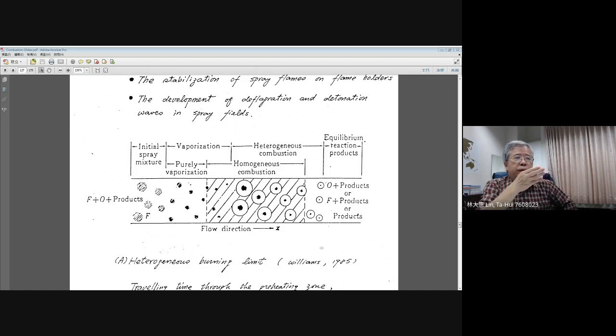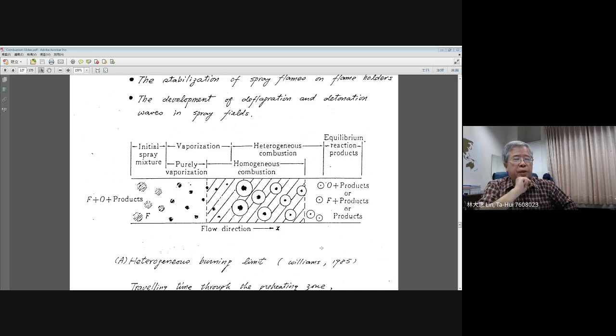Initially in the upstream side, the temperature is not high enough. You see the temperature profile of the premix flame: in the upstream side the temperature is quite low, but when the flow moves closer to the premix flame front, the temperature increases, which means it goes into the preheating zone.